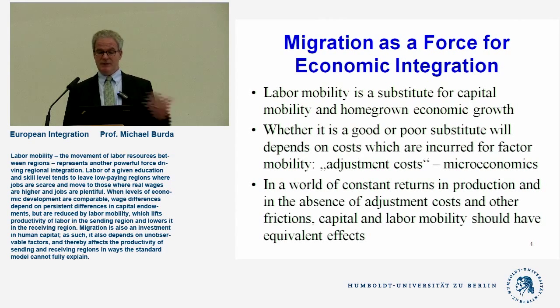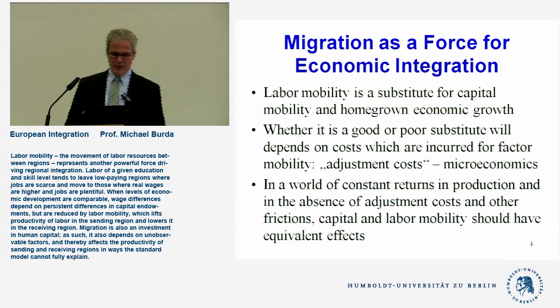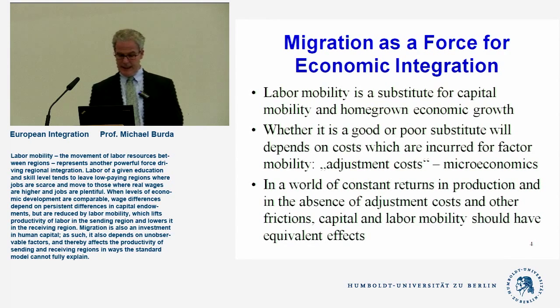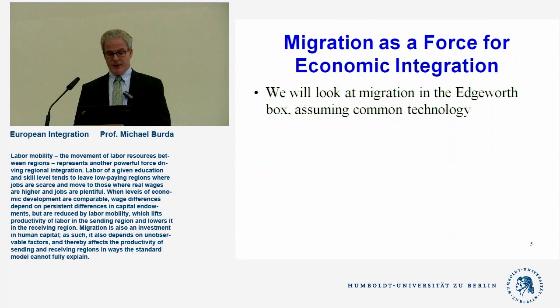Okay, so the receiving end of the migration may have to create all sorts of infrastructure to accommodate the new migrants. This is a very important discussion that we're having in parts of Europe today. Okay, so to start, we'll ignore those costs. We'll just talk about the fundamental incentive to migrate, just looking at relative wages in this framework, assuming a common technology.